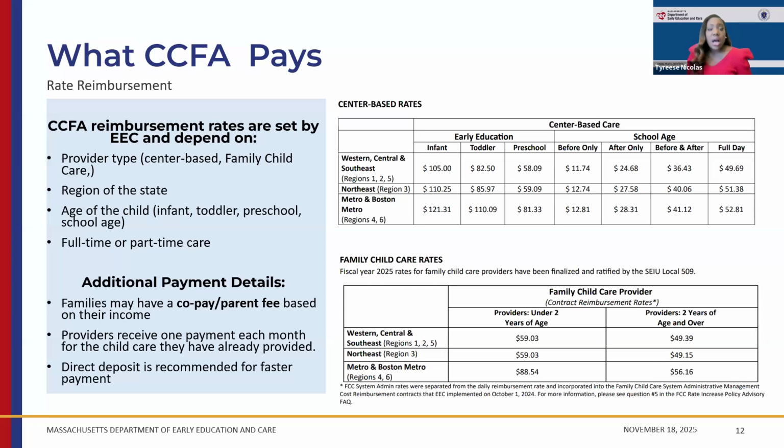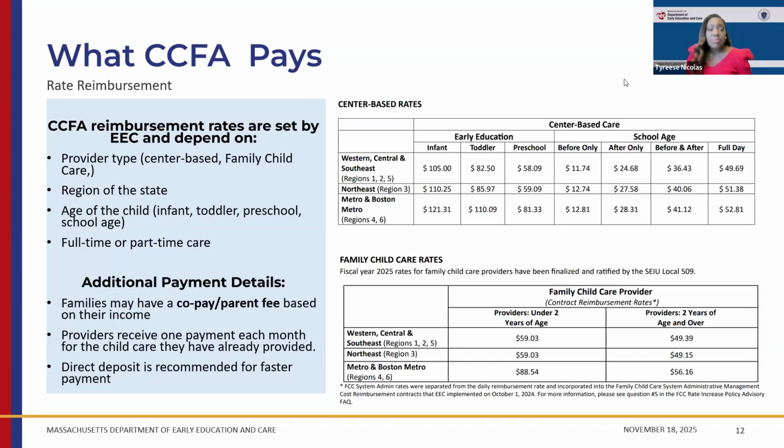On the top right are the rates for center-based providers, and on the bottom are the rates for family childcare. The difference to note is that the center-based rates are based on infant, toddler, preschool, and school age, and for family childcare, it's based on whether the child is under 2 or over 2.